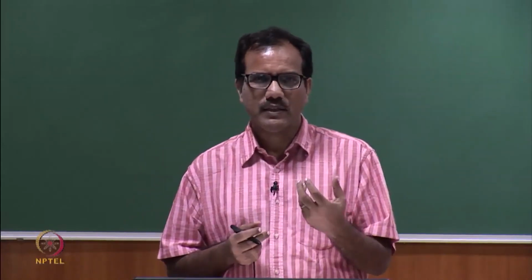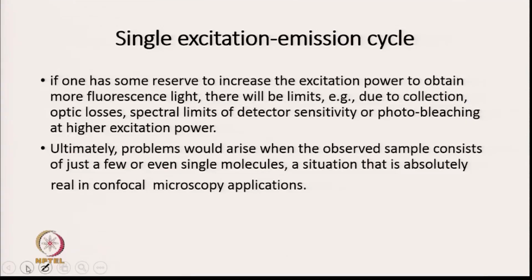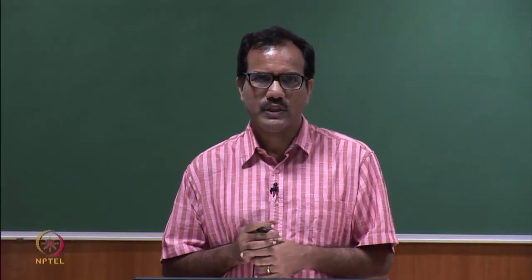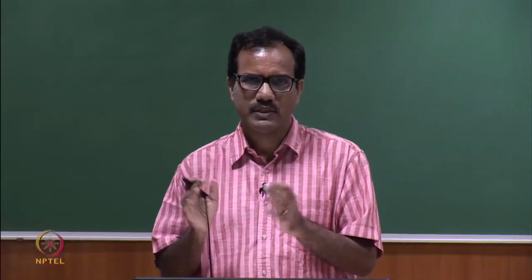One way we can think of is to increase the excitation power to obtain more fluorescence light, but there will be limits because of collection, there can be optic losses, and then there are spectral limits of detector sensitivity. And if I use higher excitation power, then there is a chance of photobleaching. So, these are the problems associated with a single excitation emission cycle.